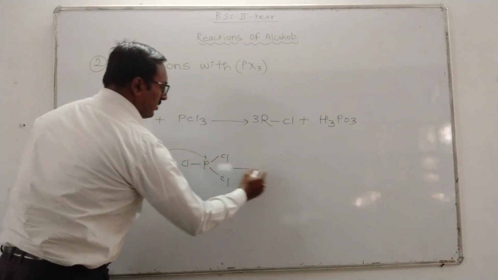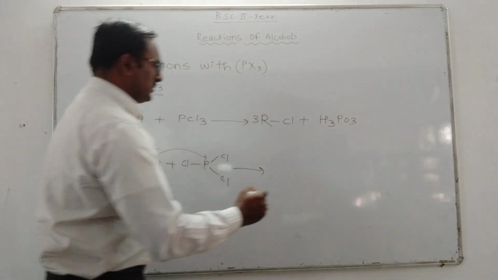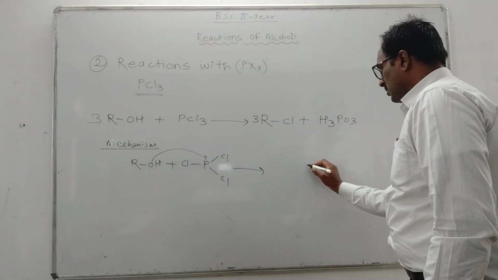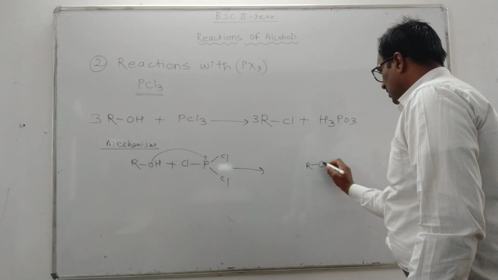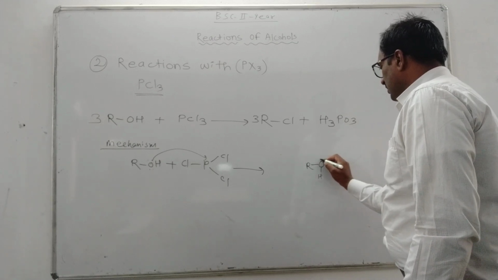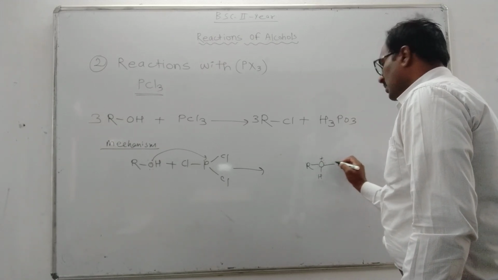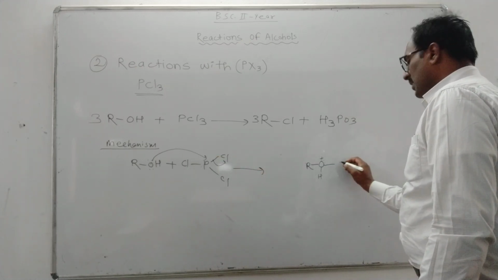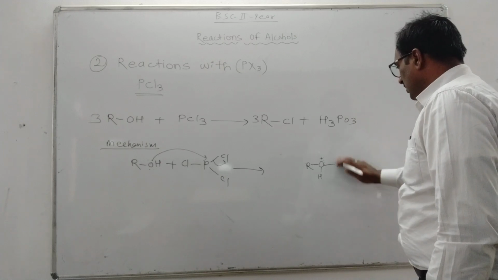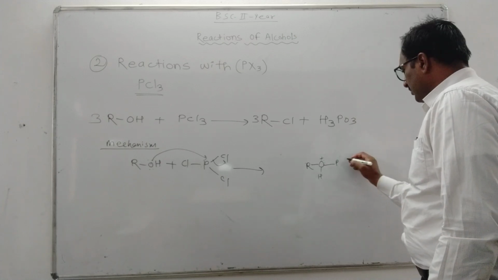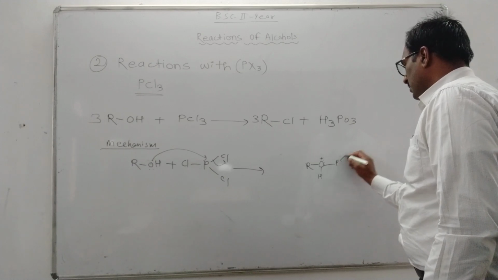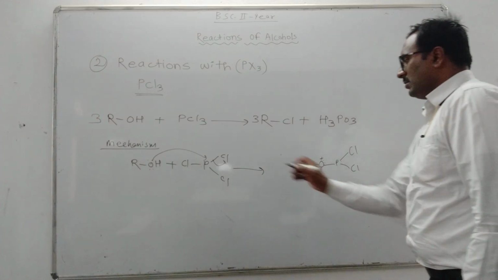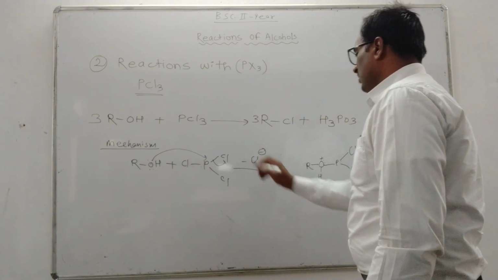There is formation of an intermediate like this, with removal of a chlorine atom. Two chlorine atoms are there. Now Cl minus will be removed.